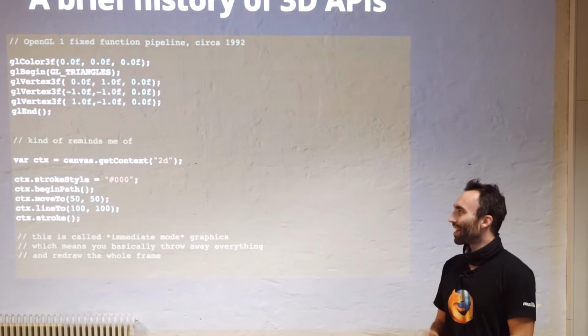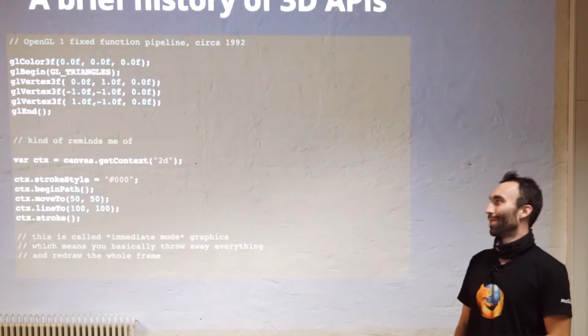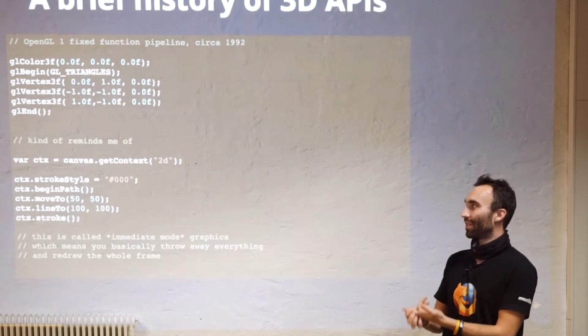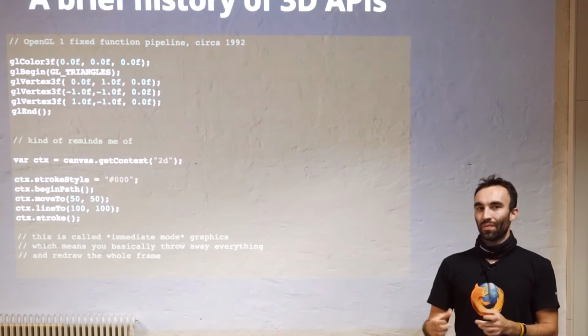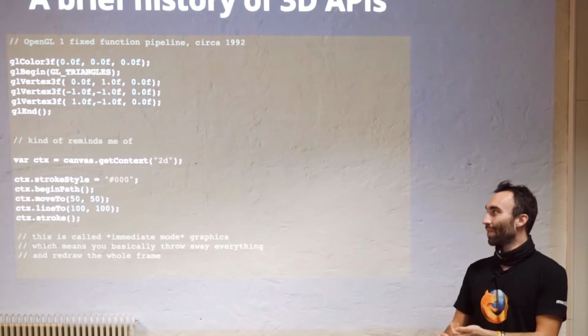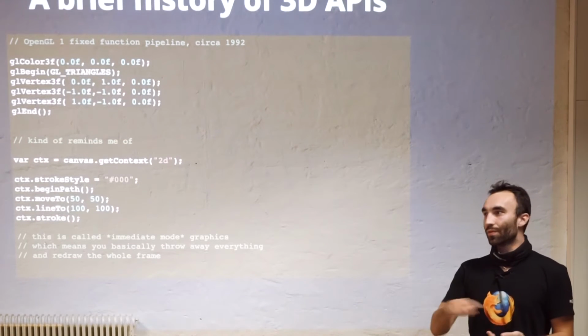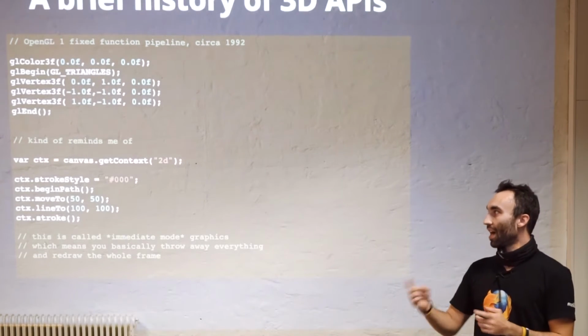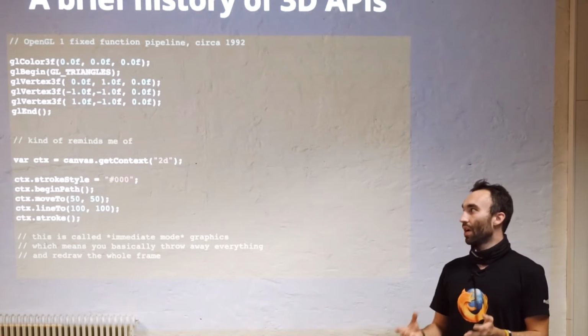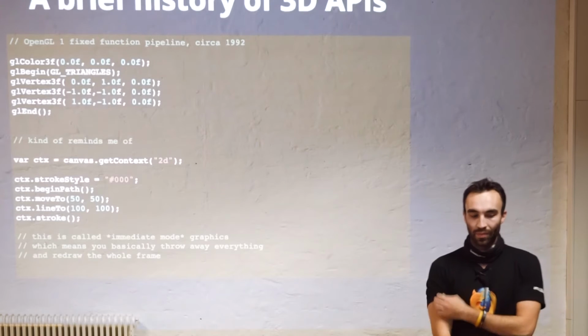This kind of reminds me of how Canvas 2D works. You have a global state where you have your stroke style or fill style, and then you have all those API functions to start a path, to move and create lines and arcs and whatever, and then you finish the path or your drawing by stroking or filling it.